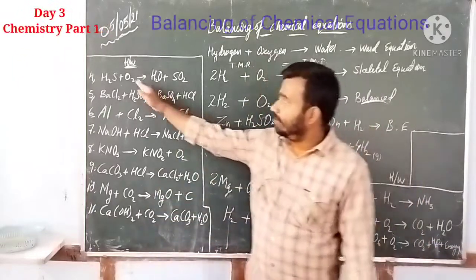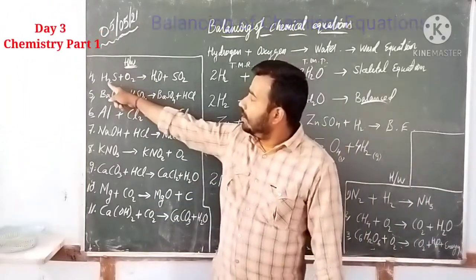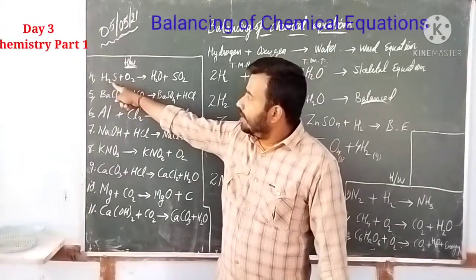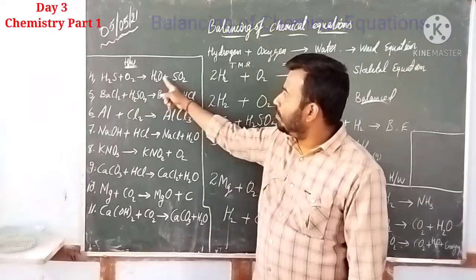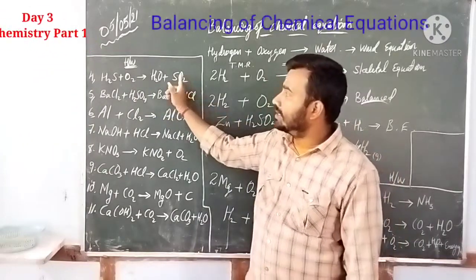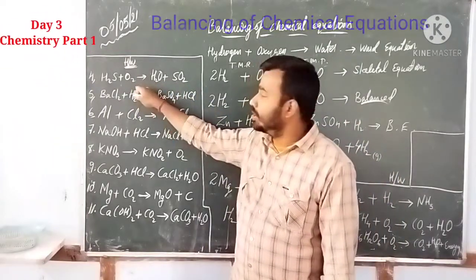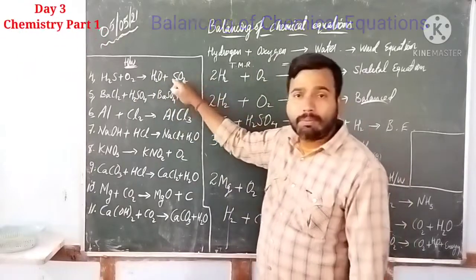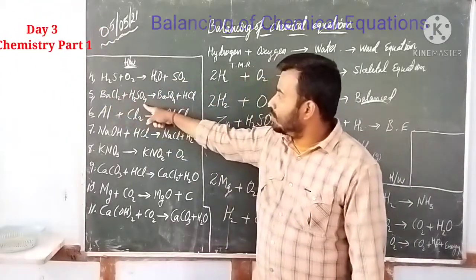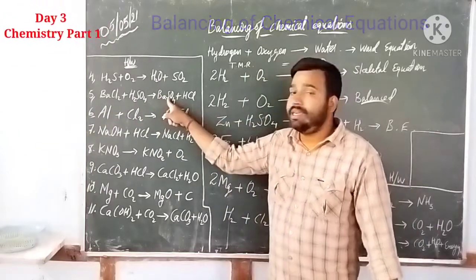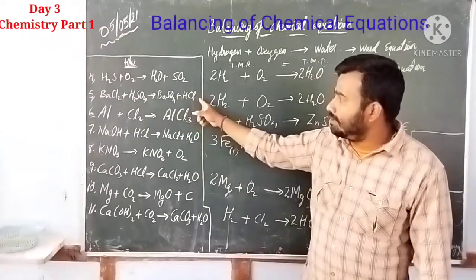And similarly, the fourth equation, H2S plus O2 gives H2O plus SO2. This is another unbalanced chemical equation, so try to balance it. Then BaCl2 plus H2SO4 reacts to give BaSO4 plus HCl.